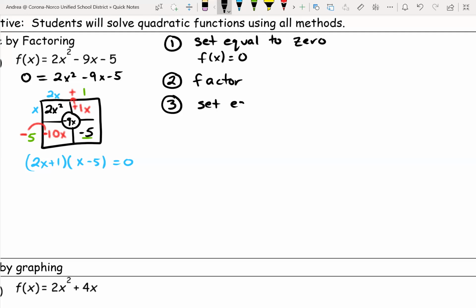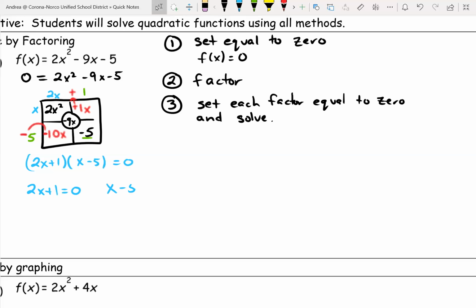set each factor equal to 0 and solve. Set each factor equal to 0 and solve. So that gives me 2x plus 1 equals 0 and x minus 5 equals 0.